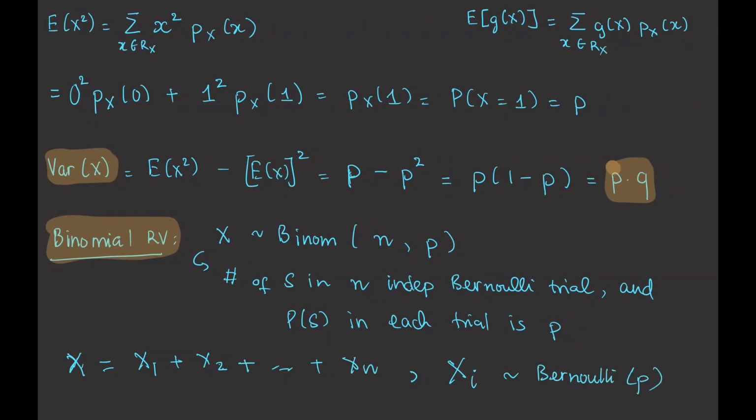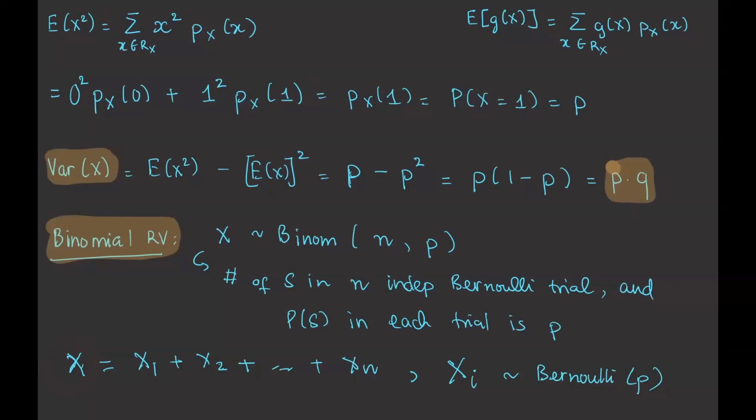What we are saying is, if you have n Bernoulli random variables and they are independent from each other, then the summation of n independent Bernoulli random variables will give you a binomial random variable.